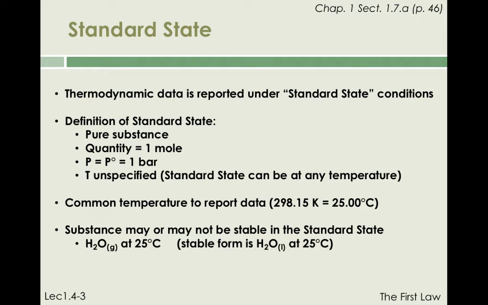Water under these conditions is in the liquid state in its stable form. But we can still report the properties of water vapor at 25 degrees Celsius and 1 bar. The same would apply to atomic hydrogen gas. The stable form for hydrogen under these conditions at 298 Kelvin is H2 gas.